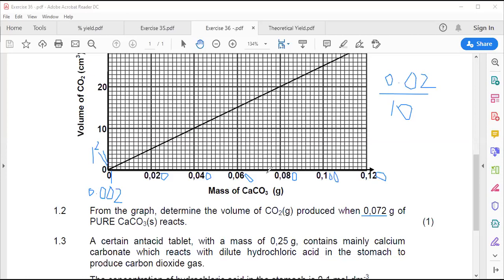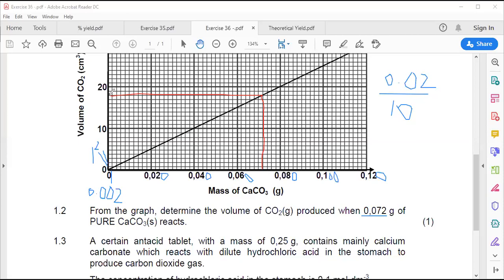So your 0.072 is somewhere here. You follow this line in a straight line till you get to the point here, then you move across. Then your answer is going to be here.